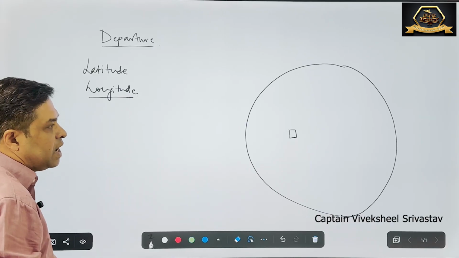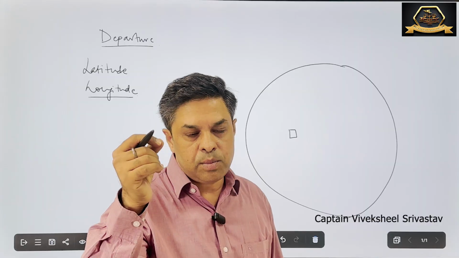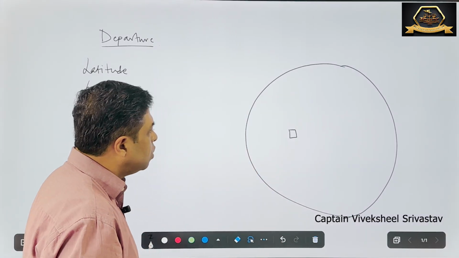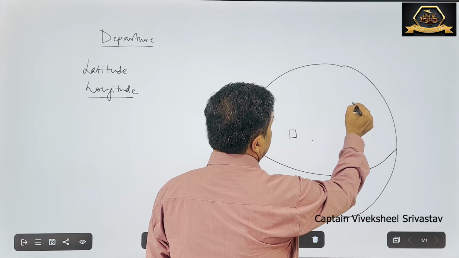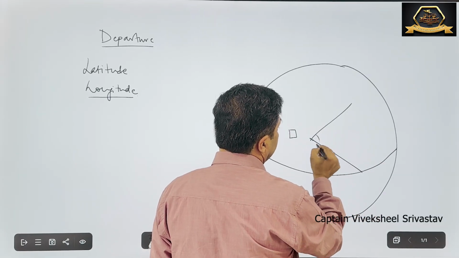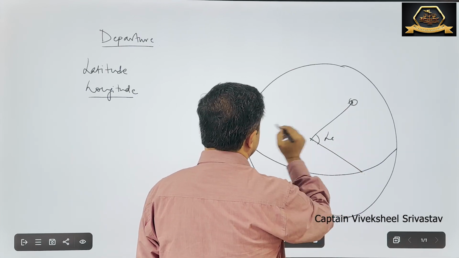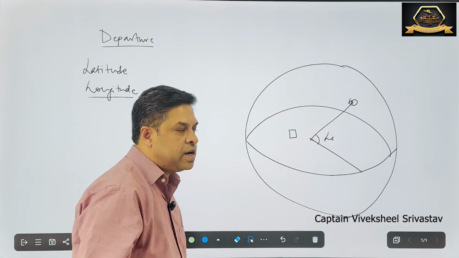Right? So latitude is the angle contained at the center of the earth between the observer and the plane of the equator. So you are here and this angle will be your latitude. This is the observer and this is the equator, right? So this is the plane of the equator and the angle contained at the center.